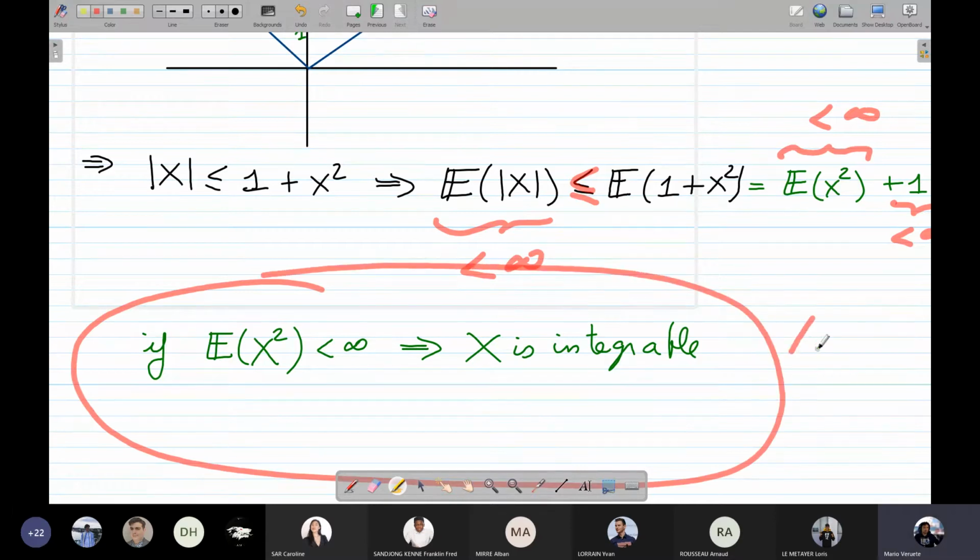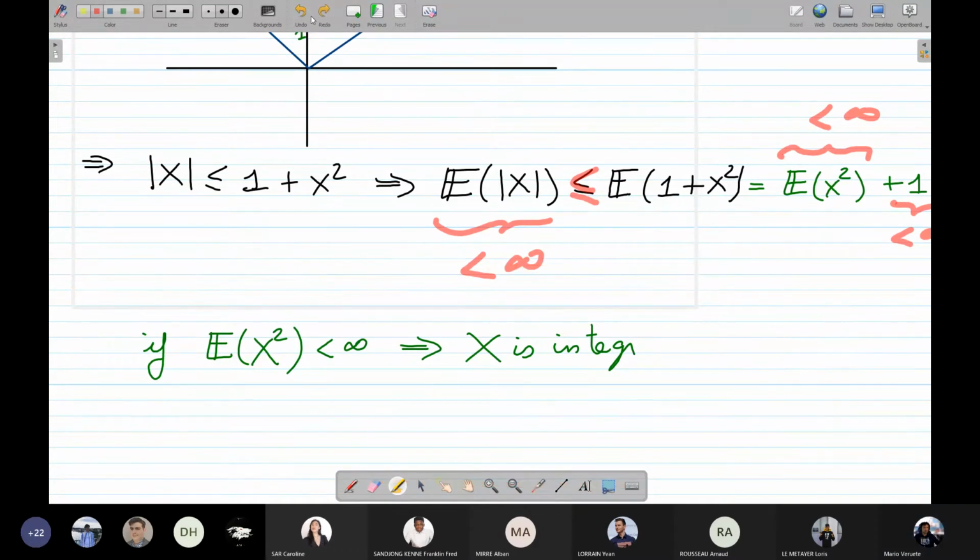Super important. If the expectation of X squared is finite, then our random variable will be integrable. Any questions about this or something before? Is it clear? Okay.